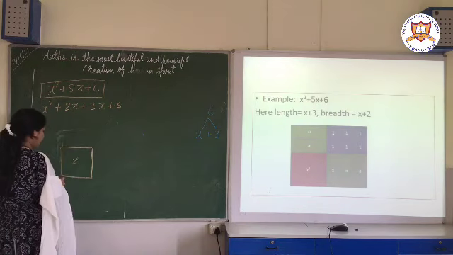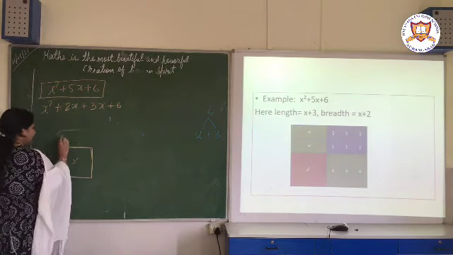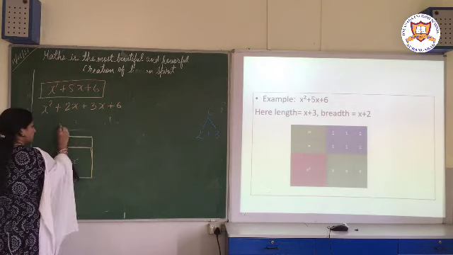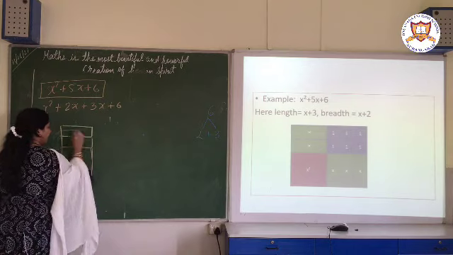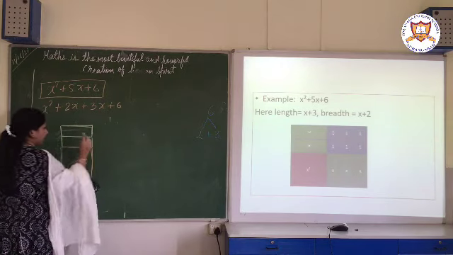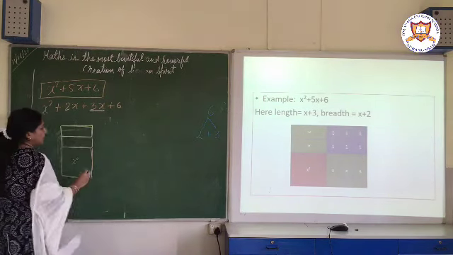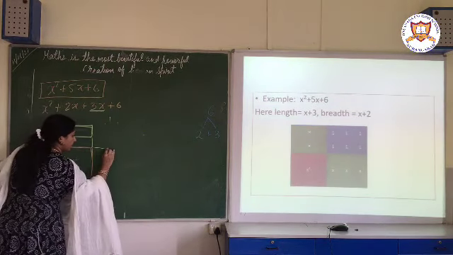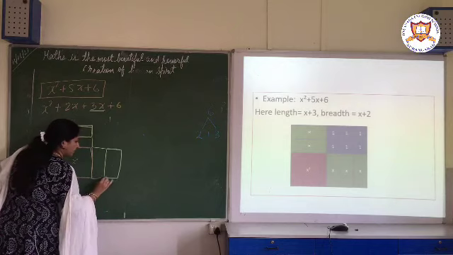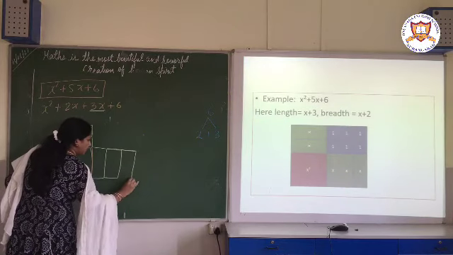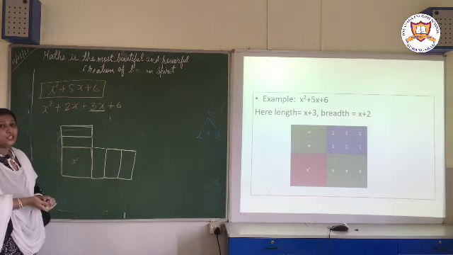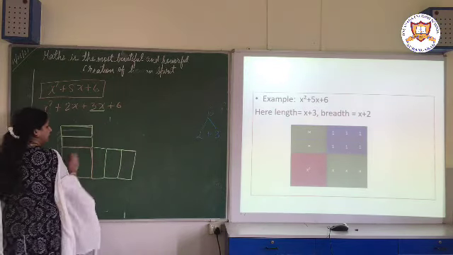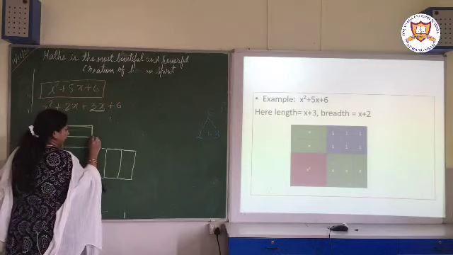So we'll take the 2x first and rearrange this 2x here. Then the remaining 3 x's here. And how many unit cards do you require? It is 6. So it can be arranged like this.